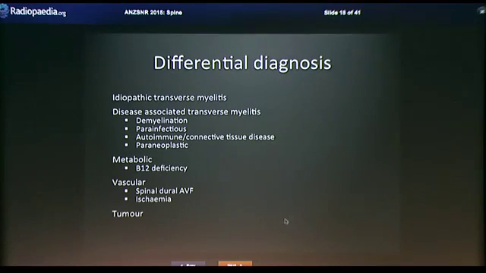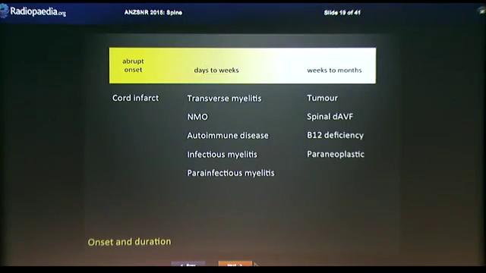So if we've got this big, long differential list, I actually like to think about it slightly differently. I like to think about it in terms of how rapidly the progression has occurred. Basically, if you've got a very abrupt acute onset, less than 4 hours to nadir, that's when you can really think that that's going to be a cord infarct, ischemia.